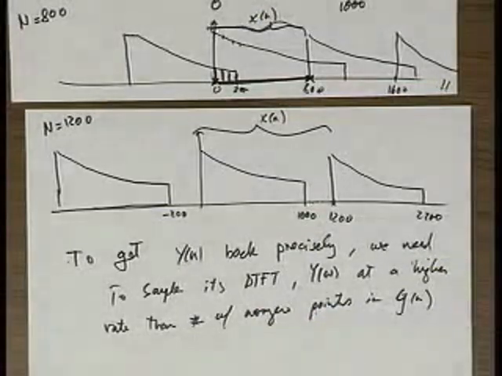So what's y of n? It is 111011. It is 6 taps. With a 0 inserted between 5 ones, just 6 taps. So we need 6 samples of the DTFT to recover y of n.